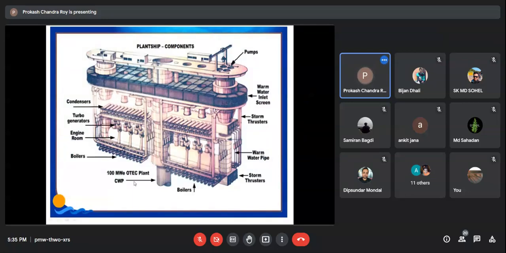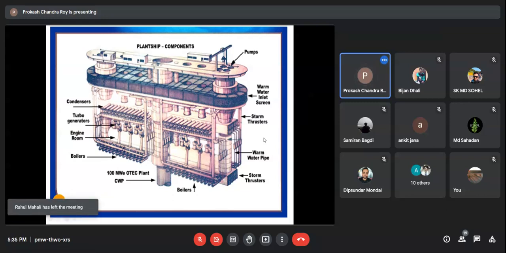If you have a number of components, you have a boiler, turbo generator, condensers. But it is really difficult to build these types of plants and run them in a profitable manner, so that people will try to do the business.